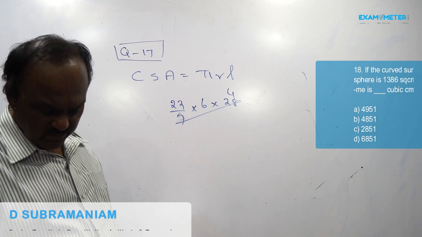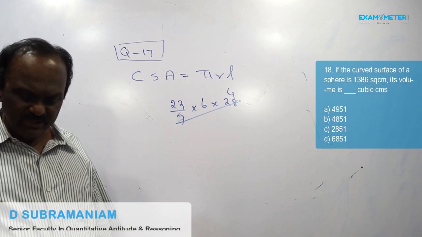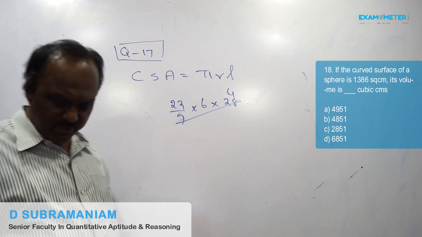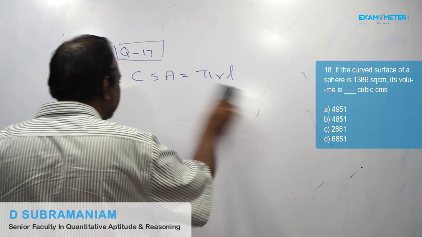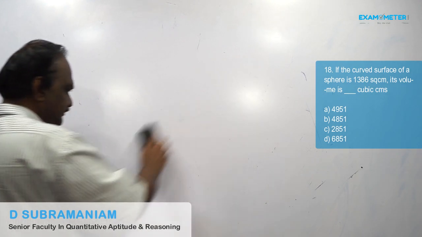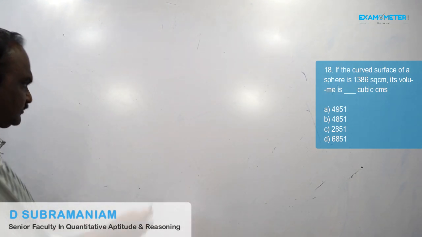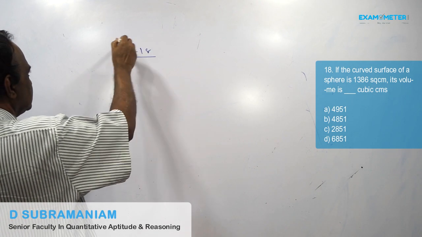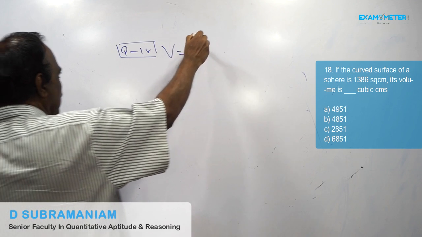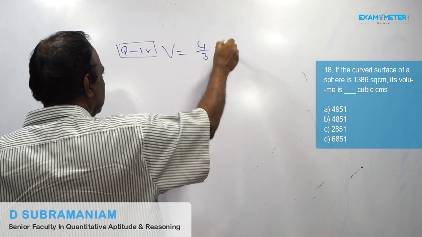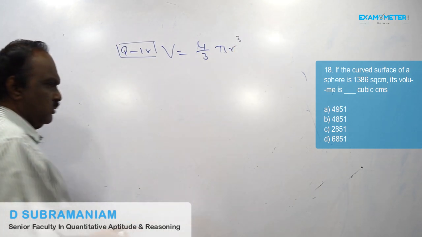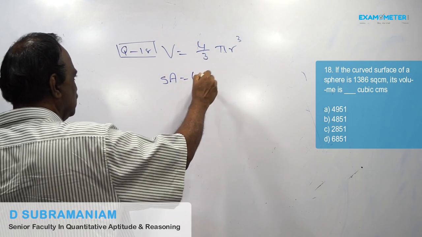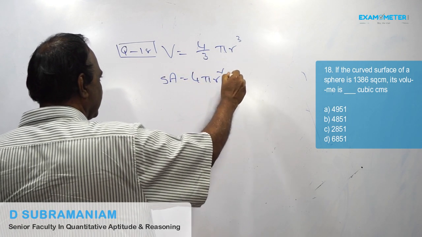18th problem. If the CSA of a sphere is 1386 square centimeter, its volume is how many cubic centimeters? Volume is equal to 4 by 3 pi r cube. Surface area is equal to 4 pi r square.